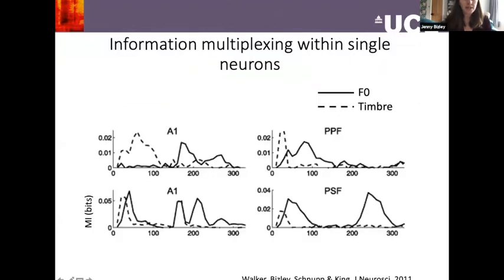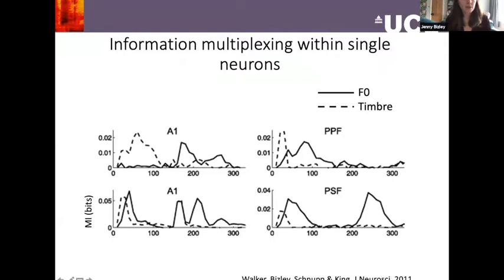So this is a global picture of what's going on. We can see this even in the responses of single neurons. These are just 4 different single neurons recorded, with the amount of information available about either the timbre of the sound or its pitch plotted across time. And you can see that in each of these examples, the timbre information occurs earlier than pitch information.